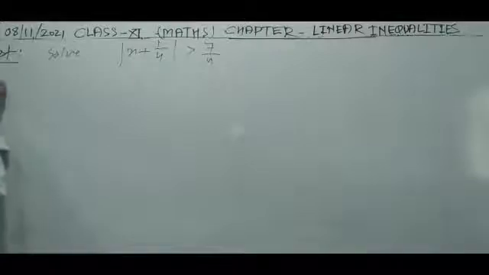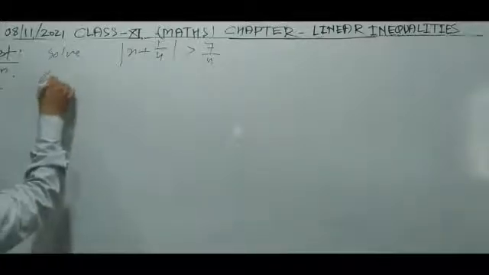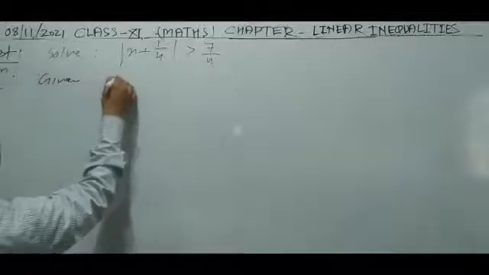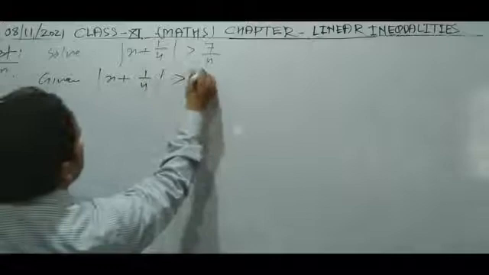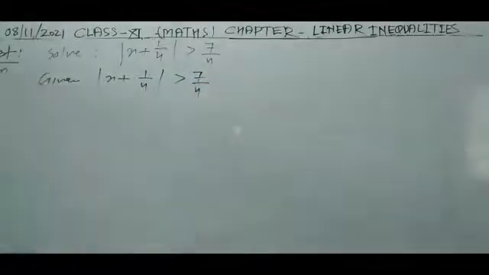Suppose this is the given expression: x plus 1 by 4 in mod is greater than 7 by 4. Now you also know the formula for mod of x minus a. Since you know the formula, what can we write?